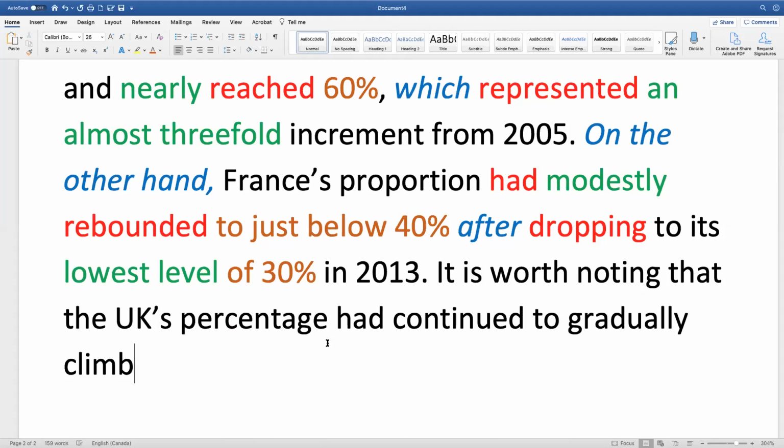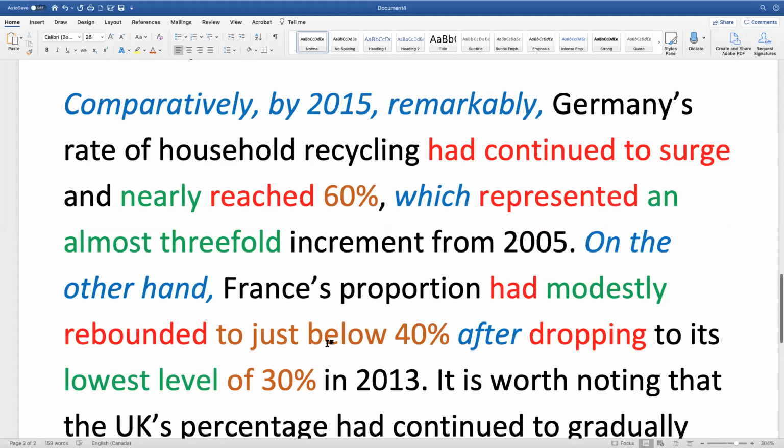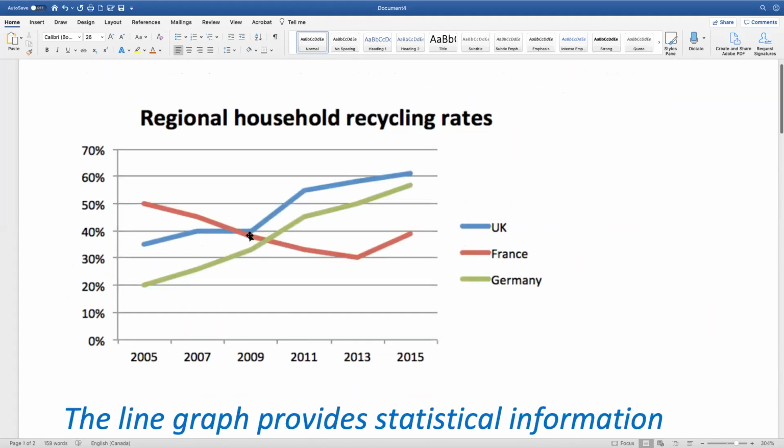I think its biggest rise was right here. 15% right there.